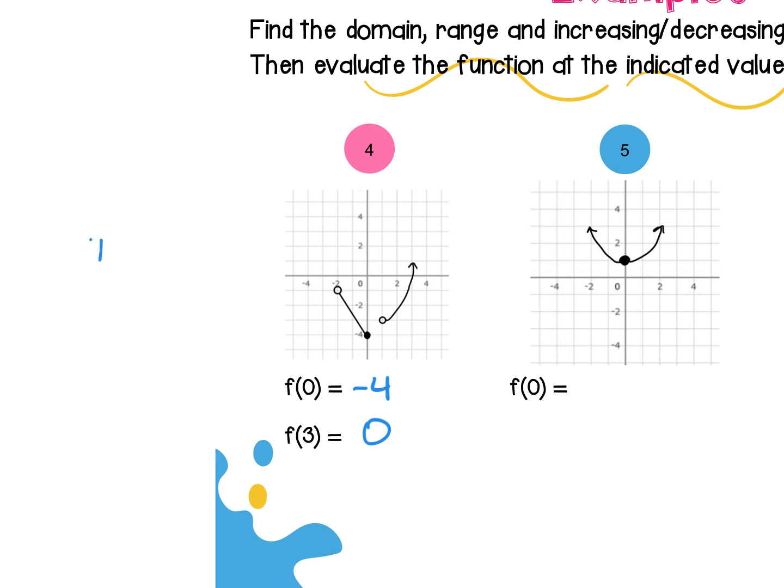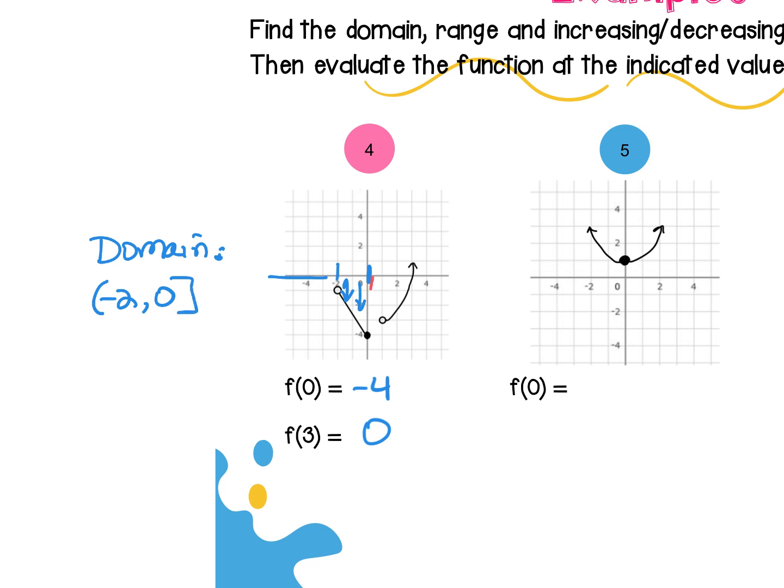So domain, again, as you're walking along, the first thing I encounter, my first point is right here at -2. Open circle, so it's a parentheses. Then as I walk along, I still have X values underneath here, and it stops right here at 0 with a closed circle, so it's a bracket.